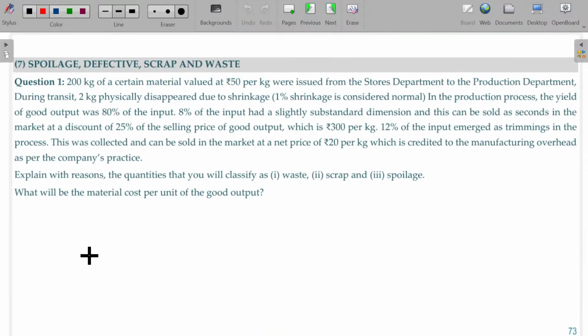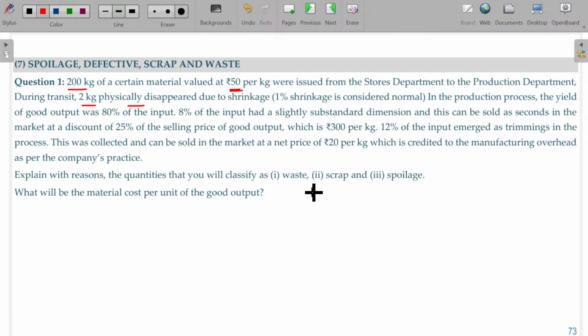Question number 1 for spoilage, defective, scrap and waste, one of the interesting illustrations. 200 kgs of certain material valued at rupees 50 per kg were issued from the stores department to the production department. During transit, 2 kg physically disappeared due to shrinkage.